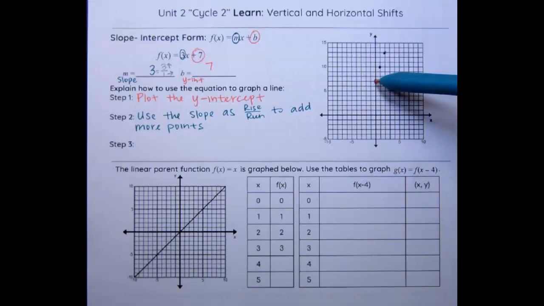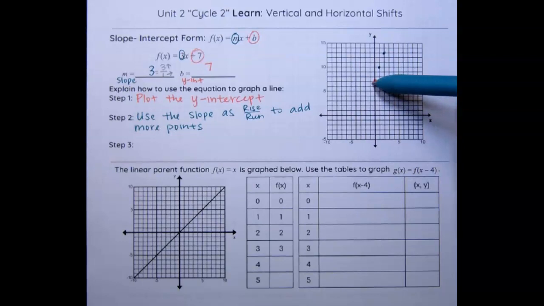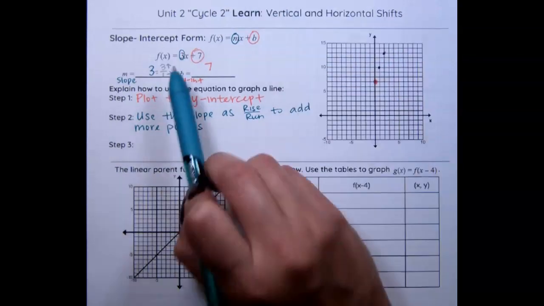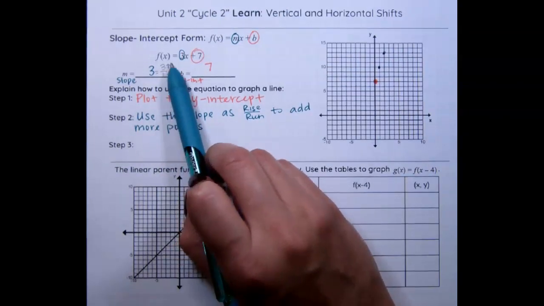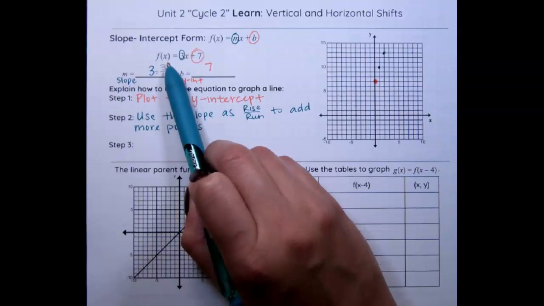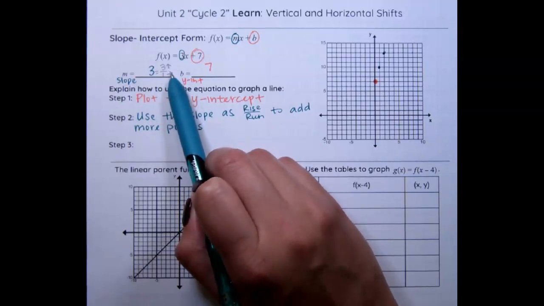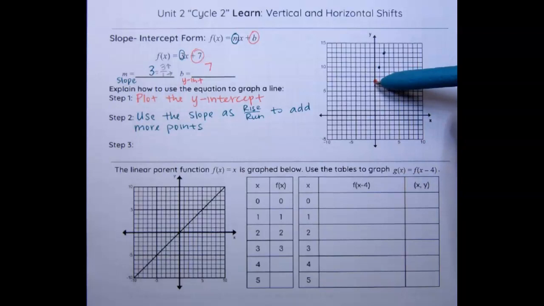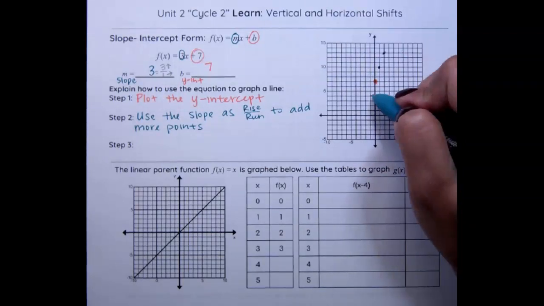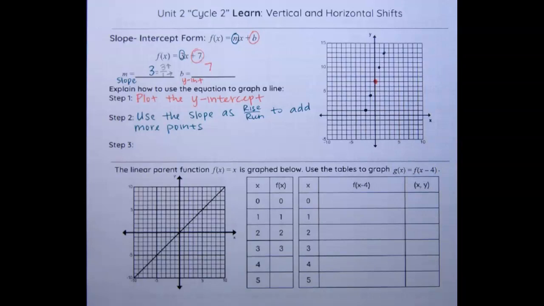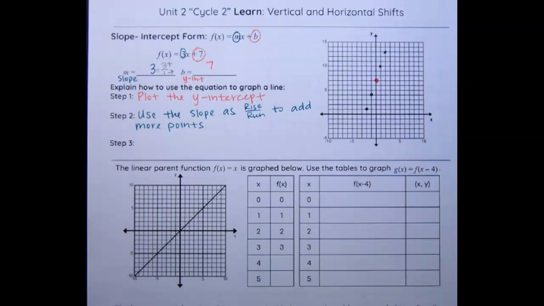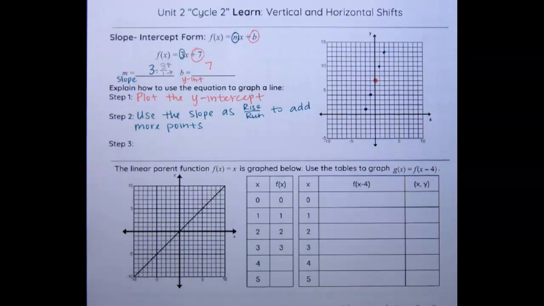But if I go back to my y-intercept, I can add more points this way, but I have to do the opposite of this. So instead of going up and right, the opposite of up is down, and the opposite of right is left. So I'm going to go down 3 and left 1. Now I've added 4 extra points aside from my y-intercept, so I think that's good.